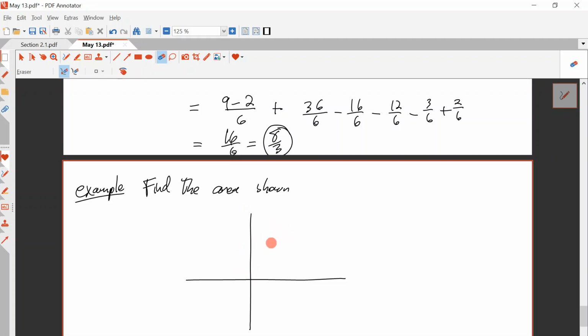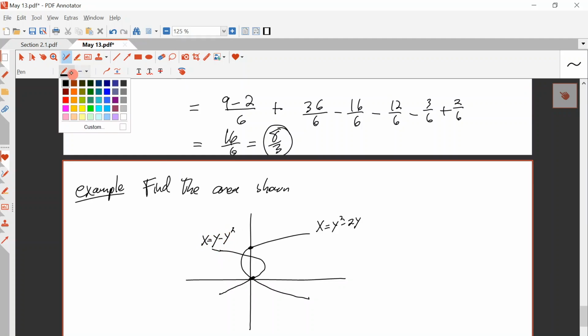So now we've changed coordinates. X equals y squared minus 2y. And x equals y minus y squared. So we would like to find the area here.